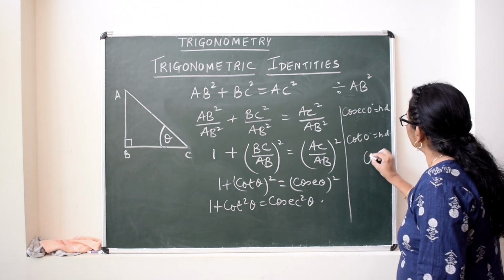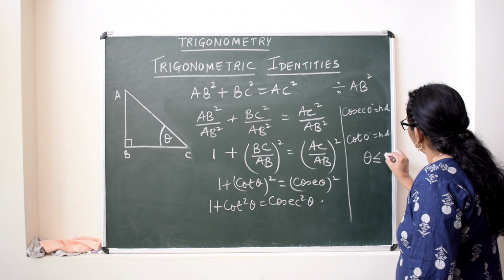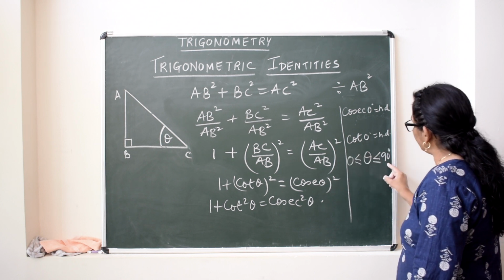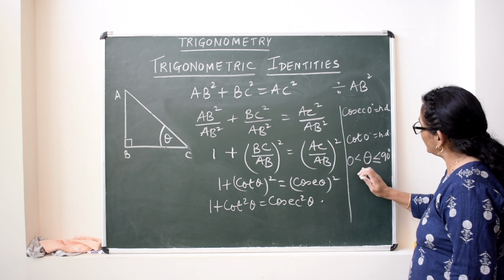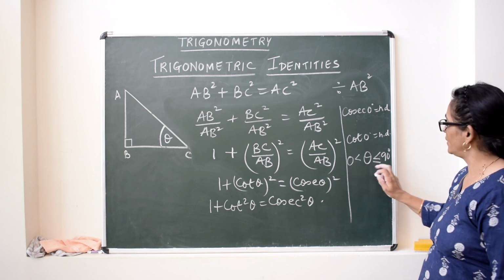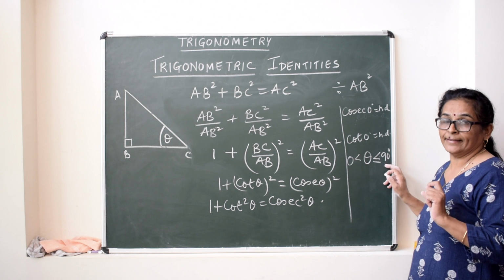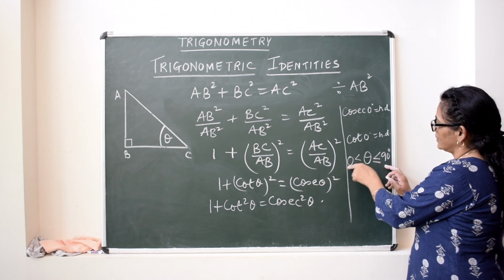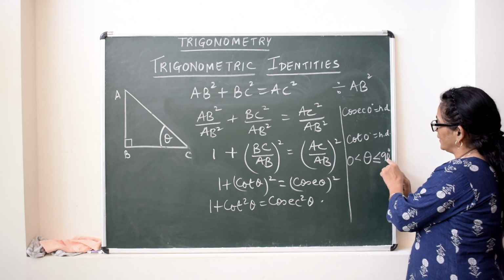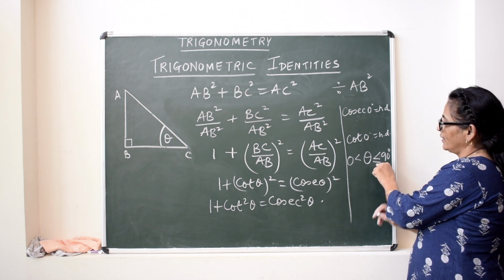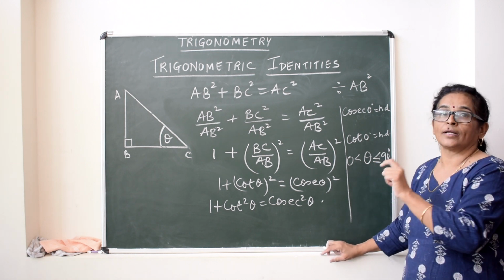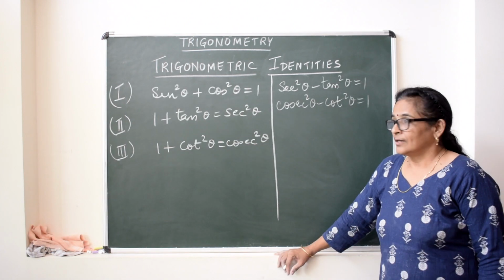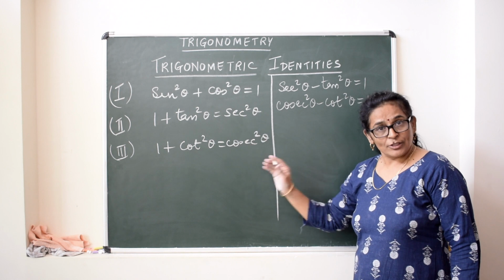This angle theta can lie between 0 and 90, excluding 0 degrees but including 90 degrees, because at 0 both cot and cosec are not defined.